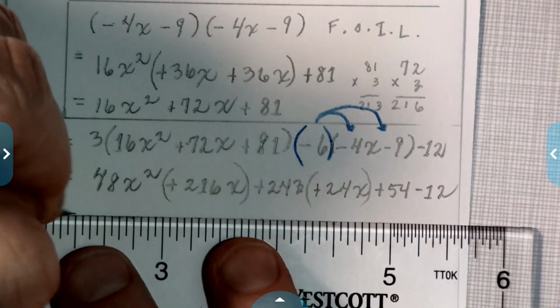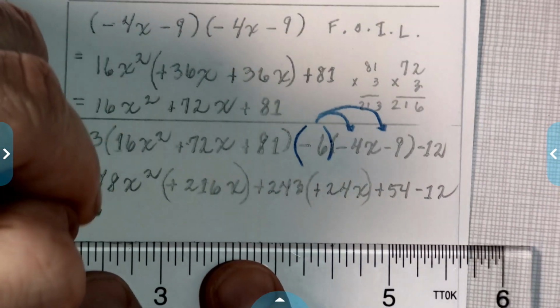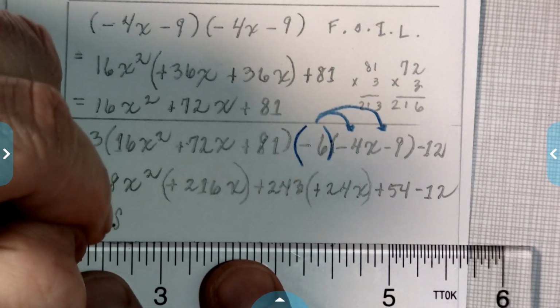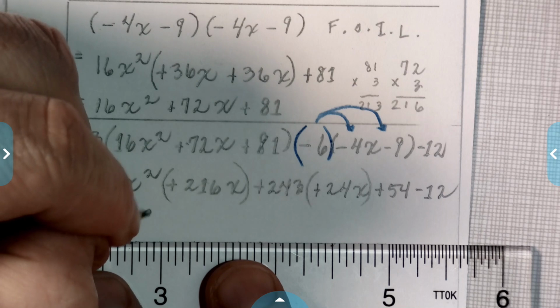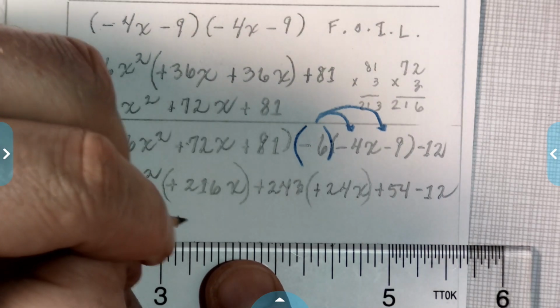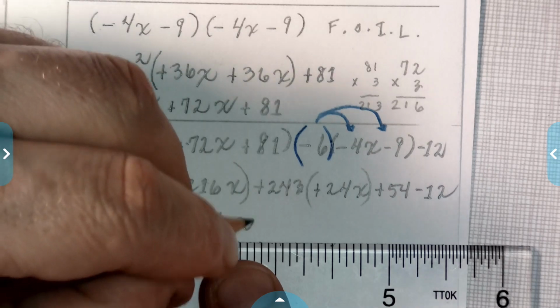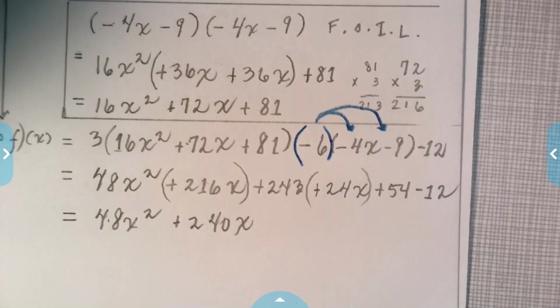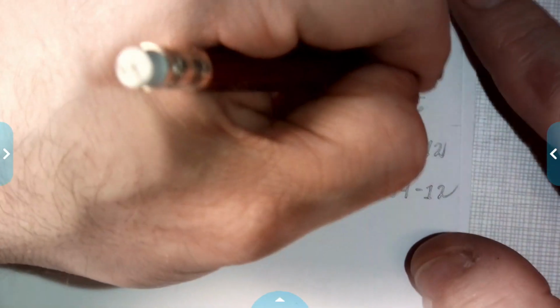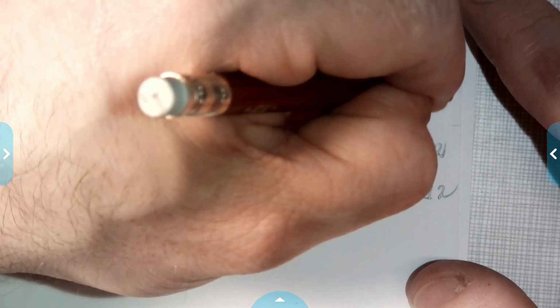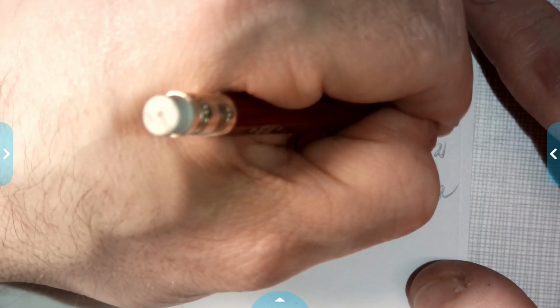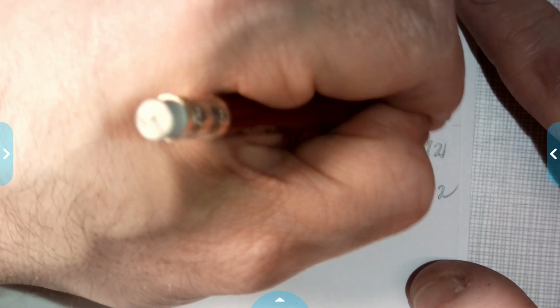So let's write 48x squared plus 240x. Just check that again. I got 16 plus 24. Yeah.